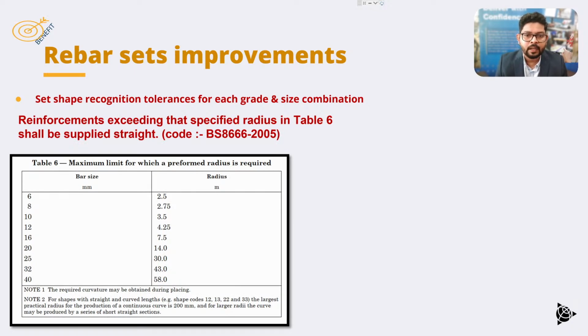Here, this table specifies the maximum bending radii for each diameter size. So if your arc shaped rebar is coming beyond these bending radii, it will be supplied as a straight bar. Now if you look specifically at diameter 6, you can see the maximum bending radius is 2.5 meter.